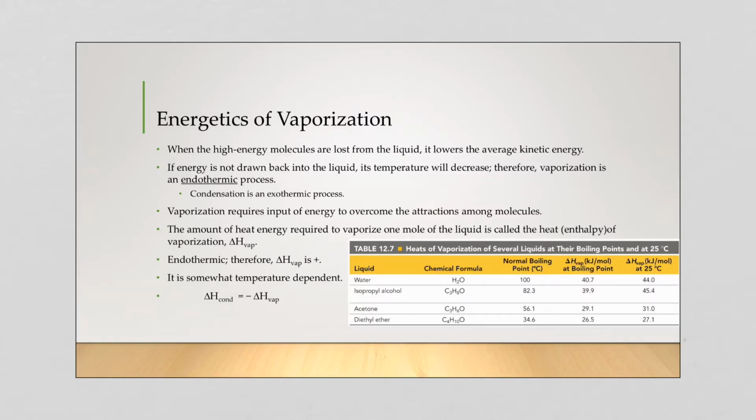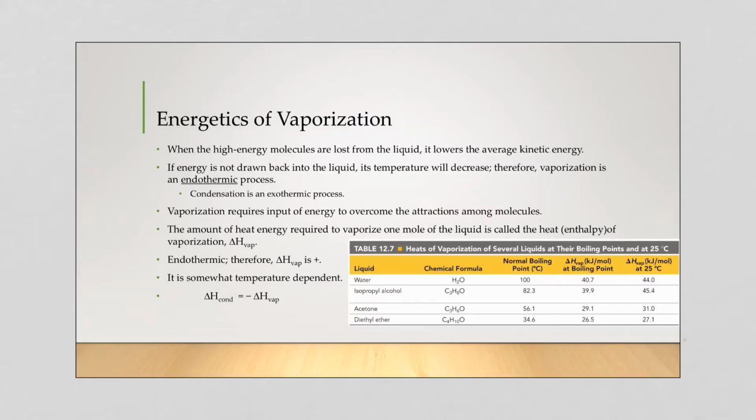And if that energy is not drawn back into the liquid, we would see the temperature of that liquid decrease. So what this tells me is that vaporization is what we call an endothermic process.